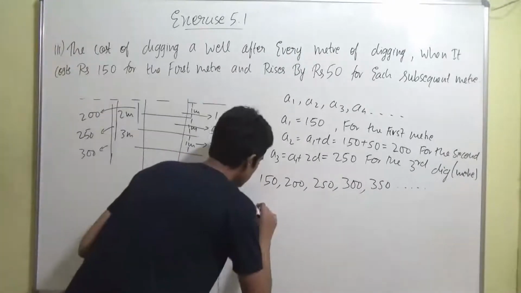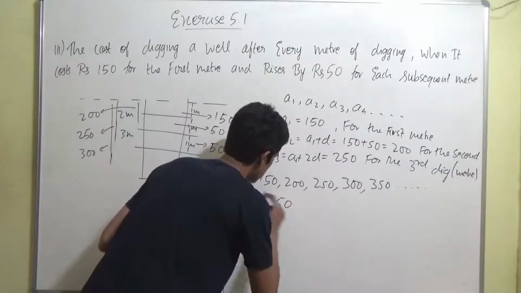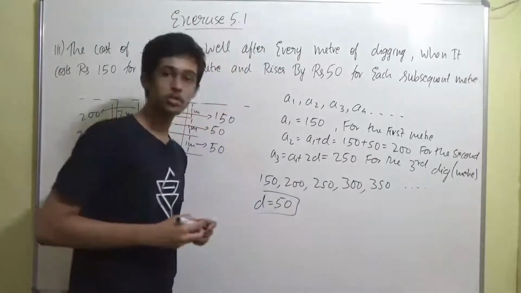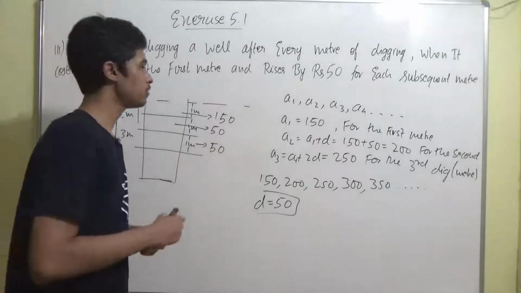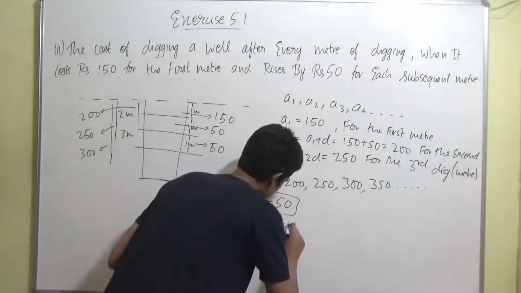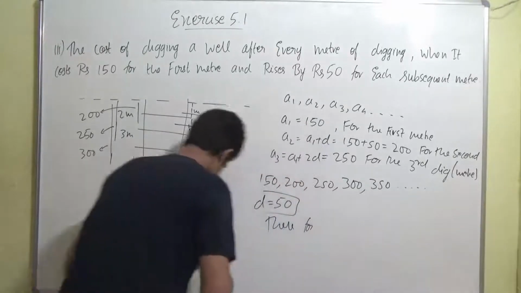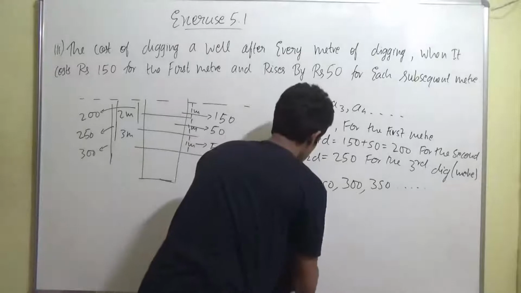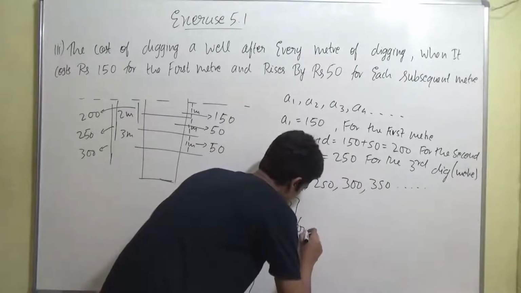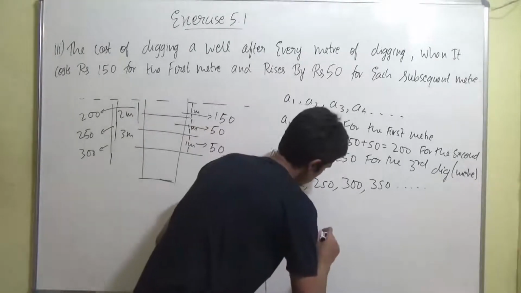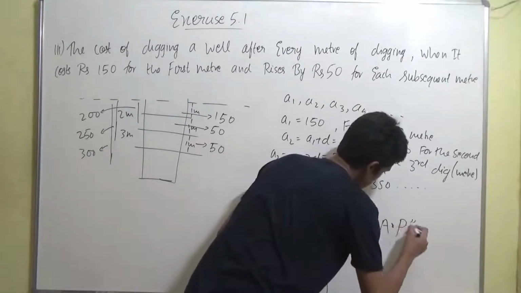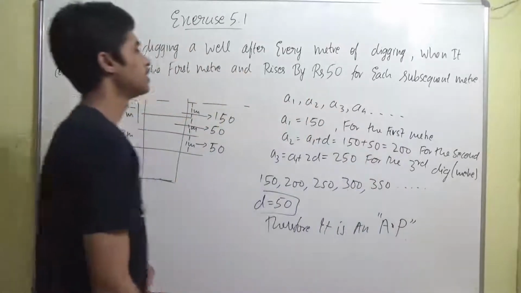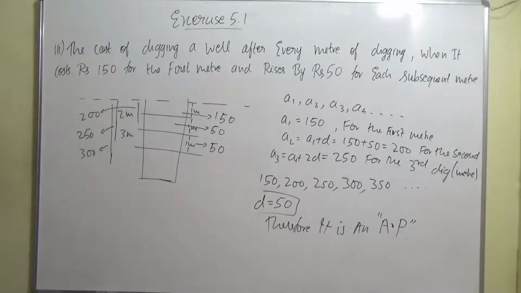That is D is coming out to be equal to 50 throughout the sequence, which means the case given in the question is an AP. Therefore, it is an AP. Done, guys. This is the answer.